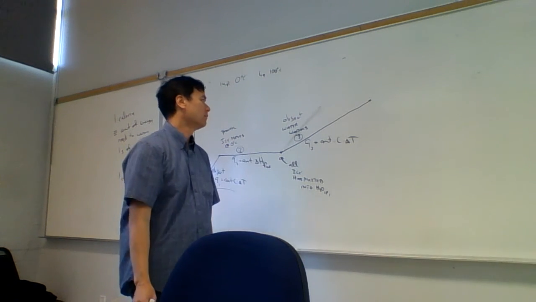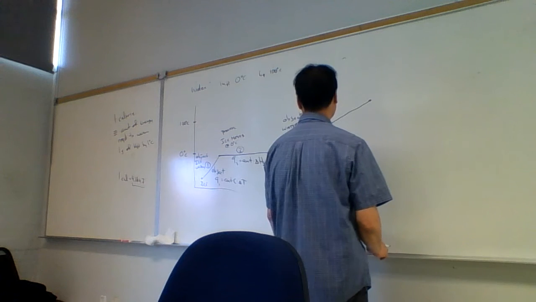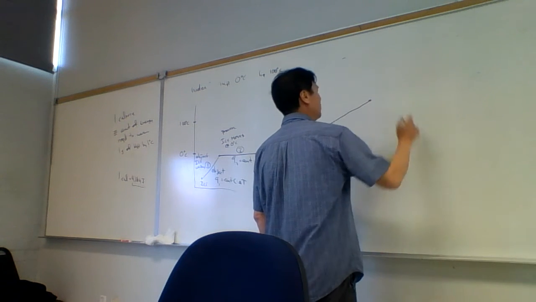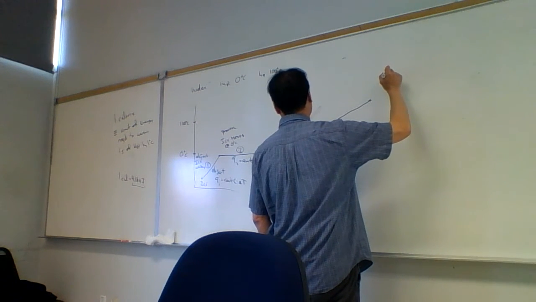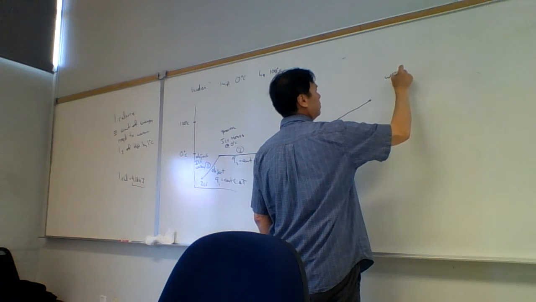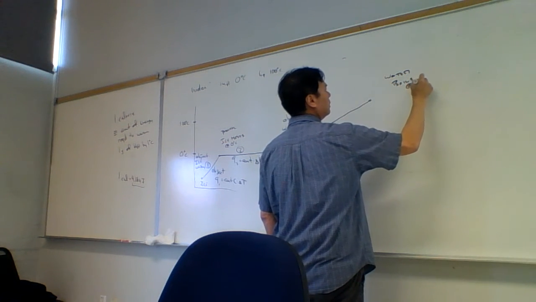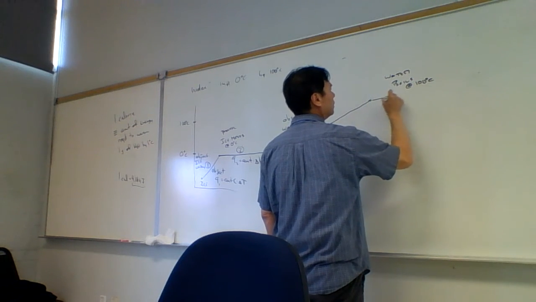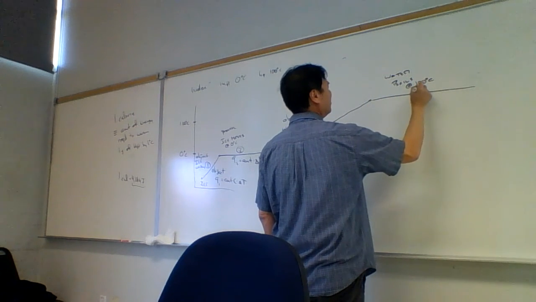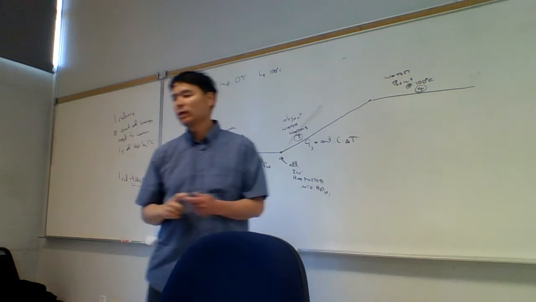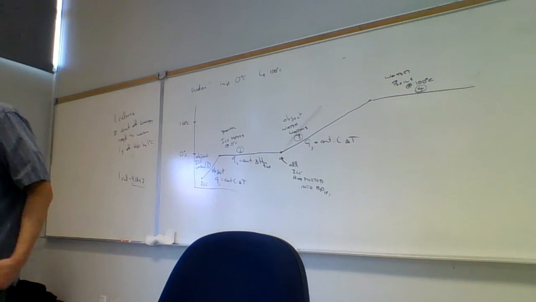In fact, when water hits 100 degrees C, then it's going to start to boil. And so we'll say water boils at 100 degrees C. So this will be 4. 4 is boiling, which is a process.